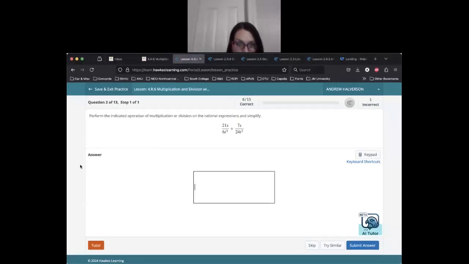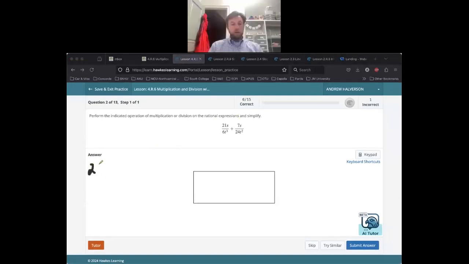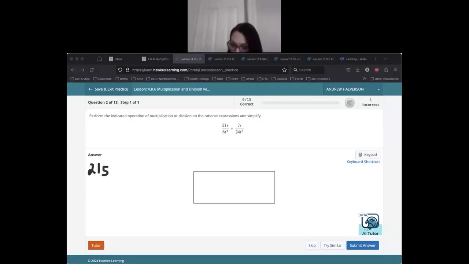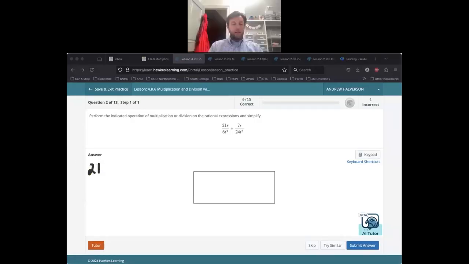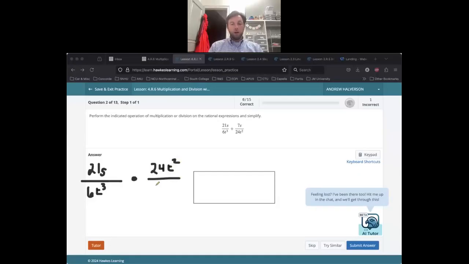So that 7s over 24t squared becomes, pretend that this is an s, 21s over 6t to the third. Change that division to multiplication and flip that second fraction. That's right. So it becomes 24t to the second over 7s. Now what?